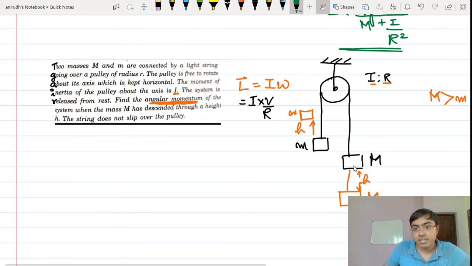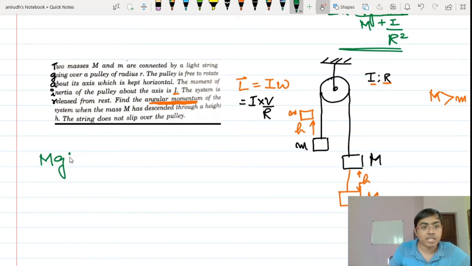See, when this particular mass is coming down, the potential energy lost is Mg multiplied by h. Now this is the net potential energy that is lost over here. Now this other mass is going upwards, so it is gaining potential energy. So this is again small m multiplied by g multiplied by h.